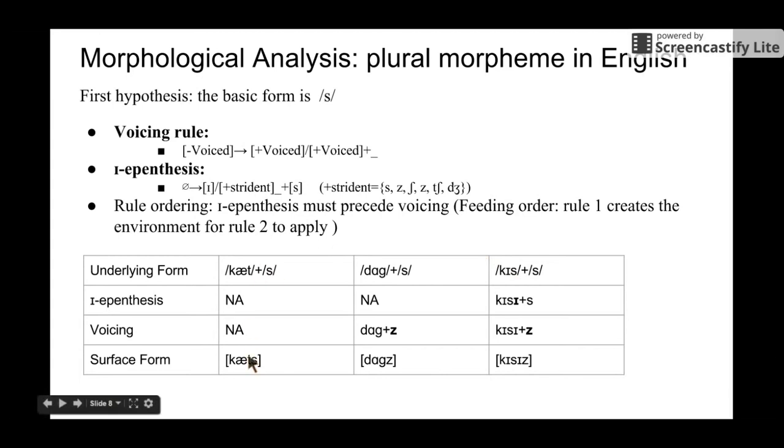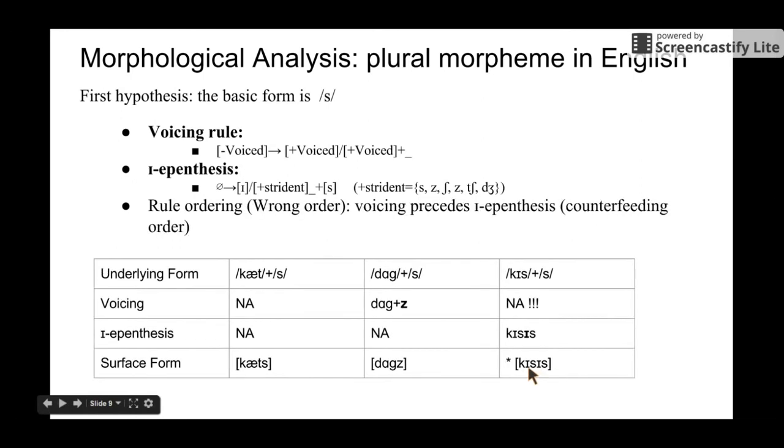So we could end up with something similar to this one, voiceless. Voiceless does not trigger the voicing process. However, if we have the vowel insertion rule first, then the environment for the voicing is satisfied. So the voicing rule will apply because of this vowel insertion. So we have a feeding order. The first rule, the vowel insertion, creates the environment for the voicing process to occur. So this ordering is called feeding order.